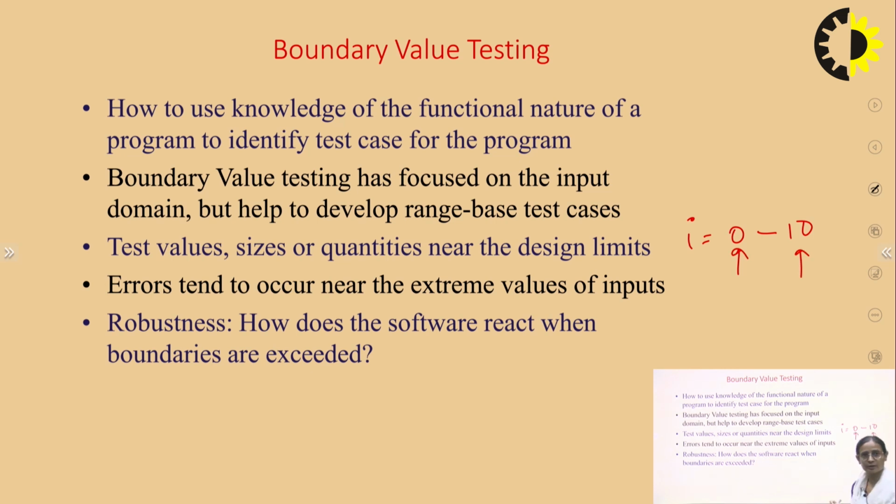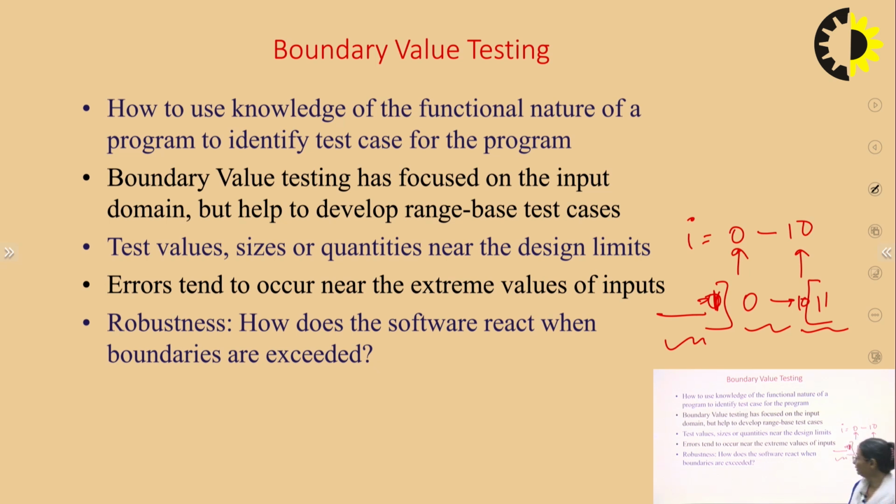My test cases could be any number below 0, such as minus 1, any number greater than 10, such as 11, and any number between 0 and 10. So I could have 3 test cases in this case if I talk about boundary value testing. We are working on a range.